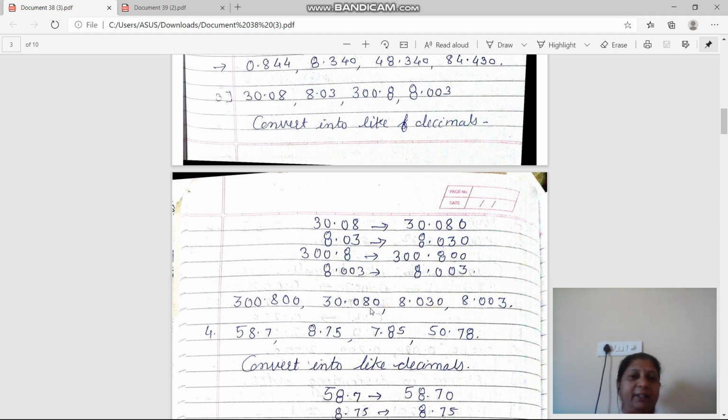Now ma'am has not made any mistake. It is absolutely right because 300 is the greatest number. So 300.800, then 30.080, next 8.030 and 8.003. Get it? It is the descending order, right?